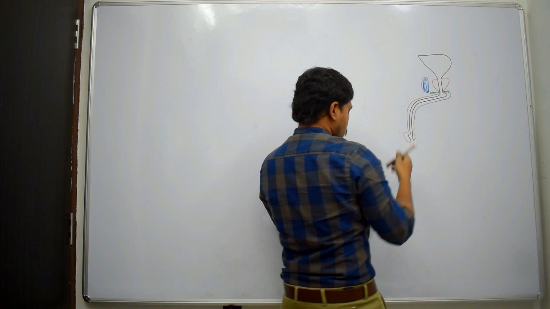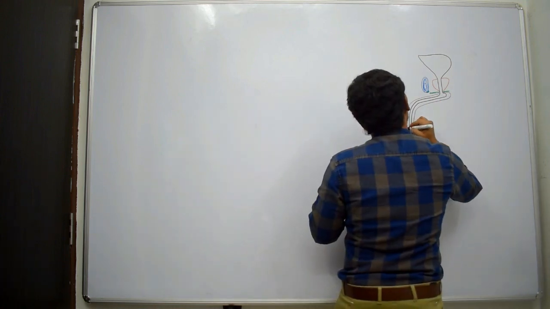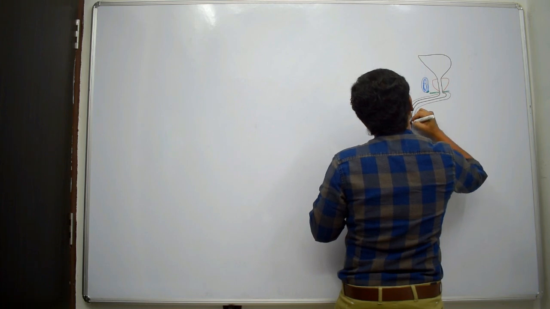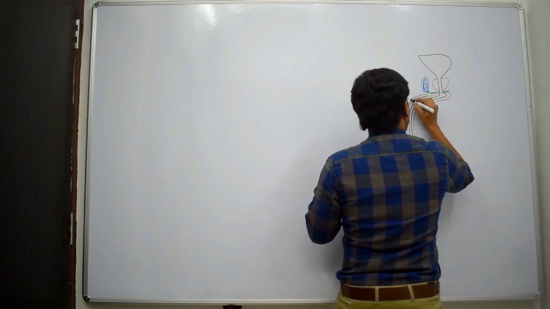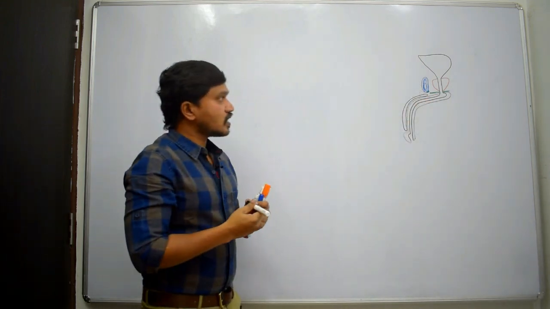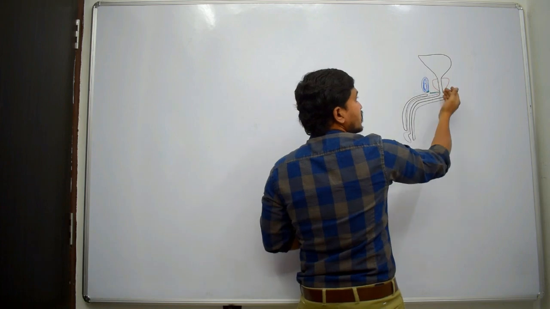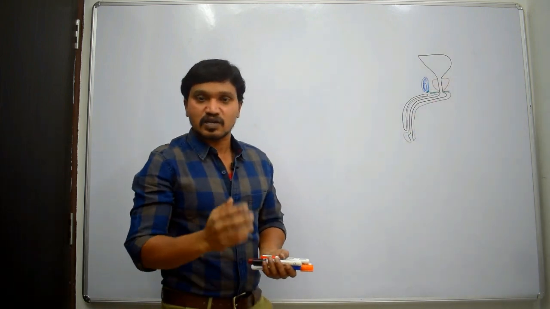Here one more erectile tissue will be there. Let me draw that also. This erectile tissue we call corpus cavernosum. So this is corpus cavernosum.